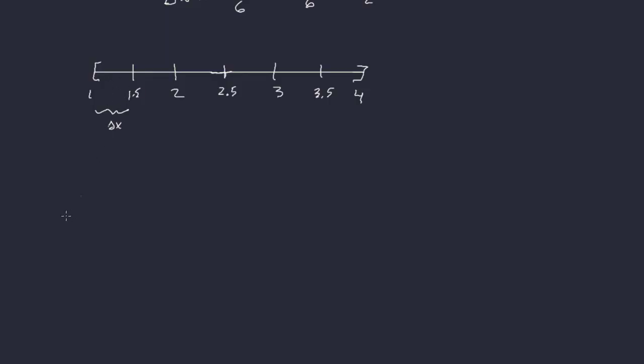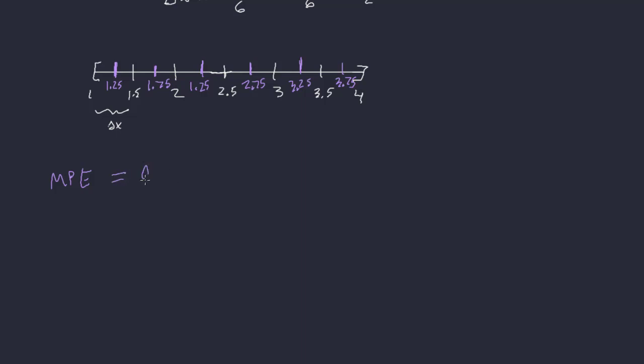All right, so for the midpoint estimates, we're going to look in between. So between 1 and 1.5 is 1.25. Between 1.5 and 2 is 1.75. Between 2 and 2.5 is 2.25. Then we'll have 2.75. We'll have 3.25 and 3.75.